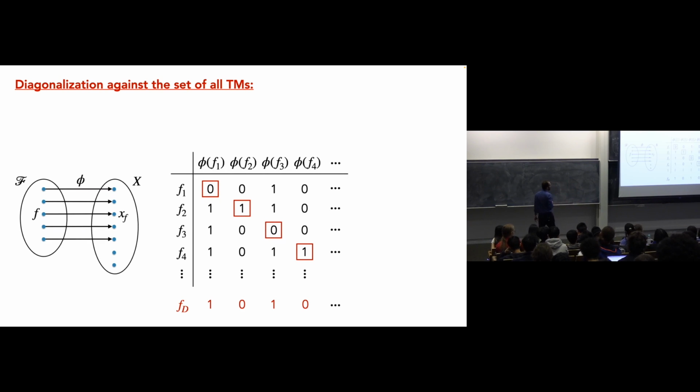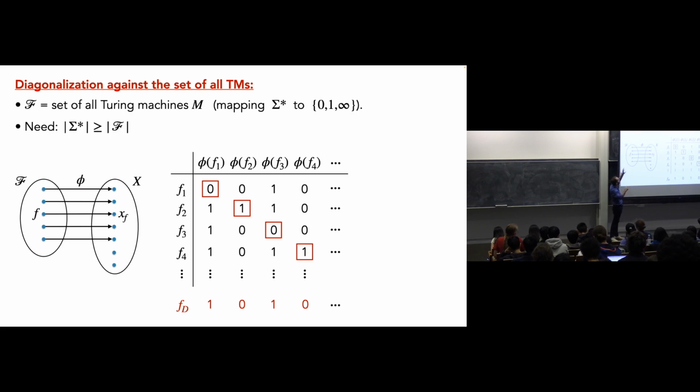Here's our picture for diagonalization in the general case. This is diagonalizing against curly F. Now I'm going to pick a particular curly F. My curly F is now the set of all Turing machines M. I can do this because I can view a Turing machine as a mapping. It maps strings to 0, 1, or infinity.